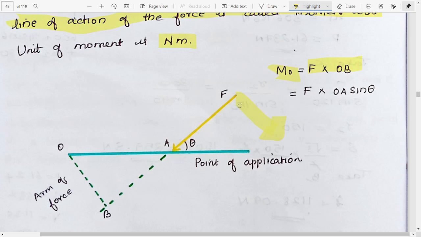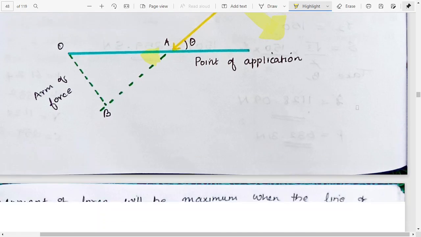So we need to calculate that distance. Force into OB, which is OA sine theta. If you are considering this as theta, then this will be OA sine theta. So F into OA sine theta.